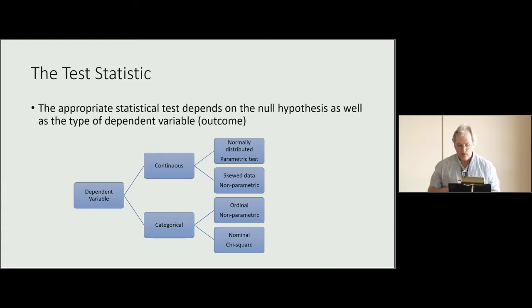If it's categorical and nominal, we're going to use what's called the chi-squared test, okay? If it's ordinal, we're going to use a non-parametric test. If it's a continuous variable and that data is skewed, or has some irregular distribution, we're going to use a non-parametric test. If it's normally distributed, we're going to use a parametric test.